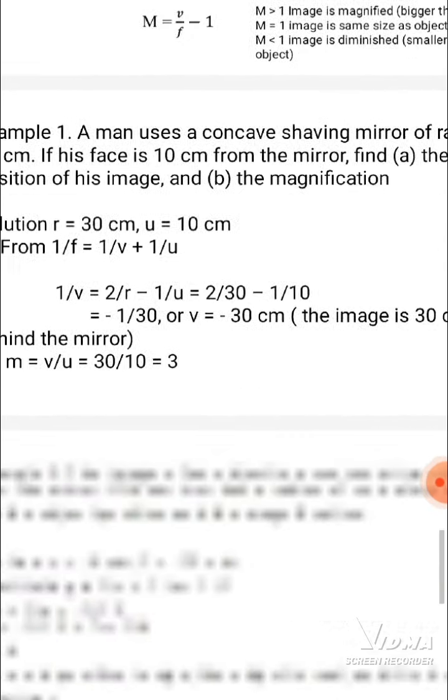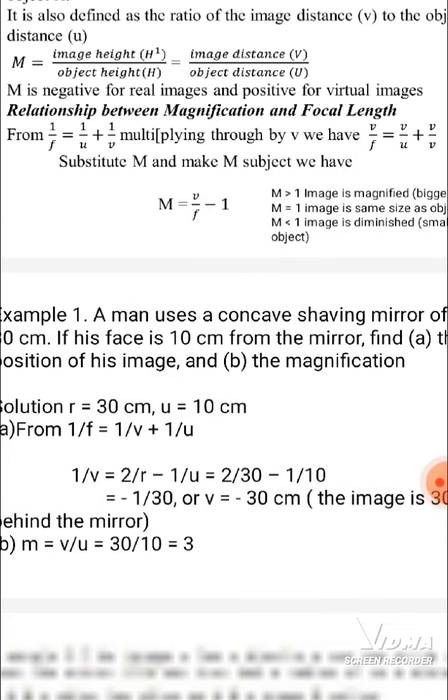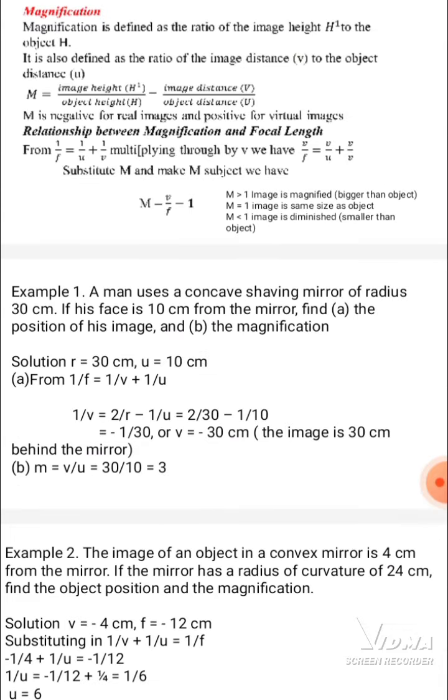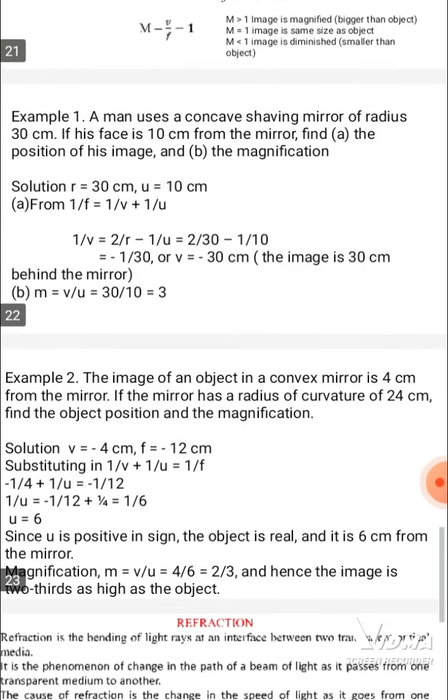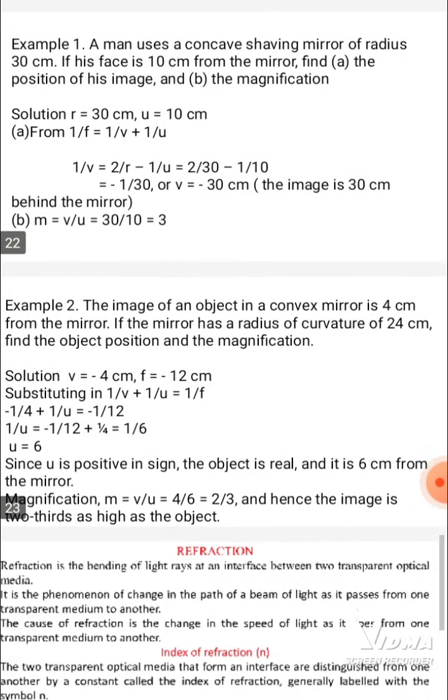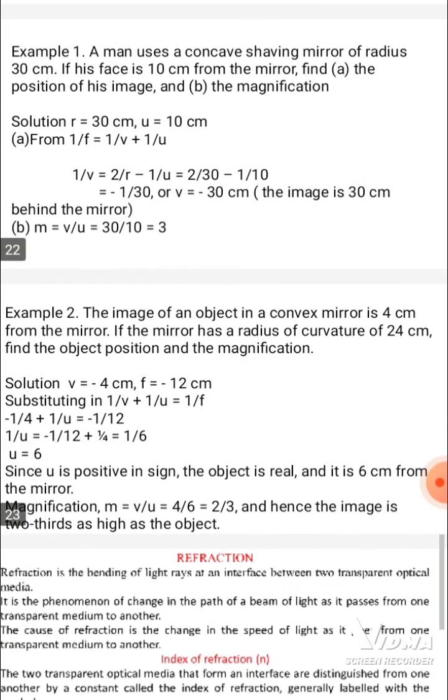Now, to conclude on this segment, there are two examples. Number 1: a man uses a concave shaving mirror of radius 30 centimeters. If his face is 10 centimeters from the mirror, find A, the position of his image, and B, the magnification.